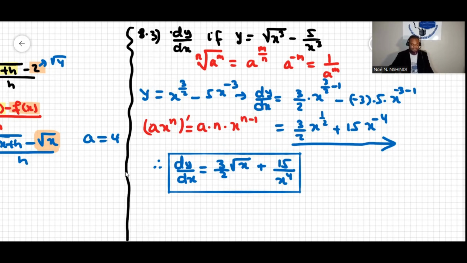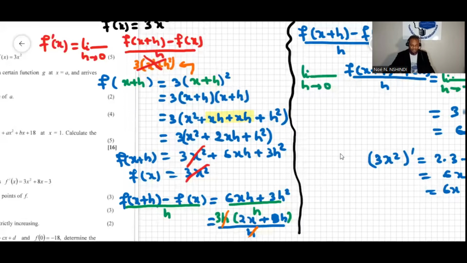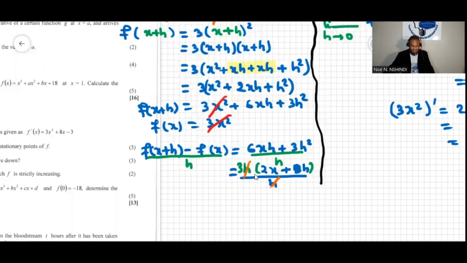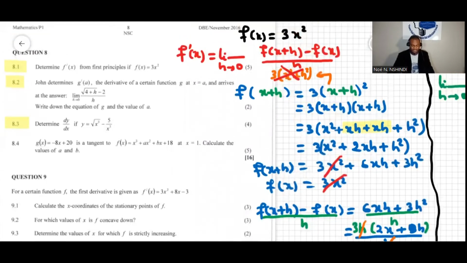Yes. The following question is question 8.4. Over here, the question says that g of x equals -8x plus 20 is a tangent to f of x.